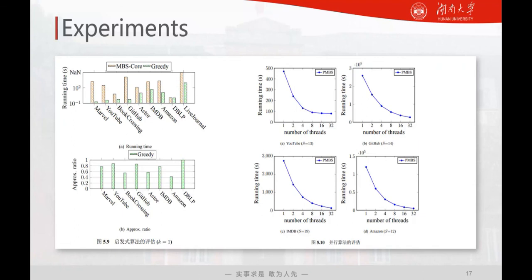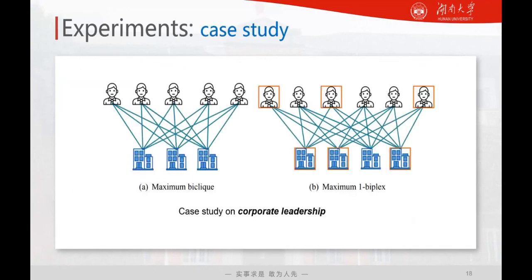The parallel algorithm can achieve a 20 times speedup when there are 32 threads. Finally, we conduct a case study on the real dataset corporate leadership. We find that the maximum biplex can find more complex structures than the maximum biclique so as to mine some hidden information.